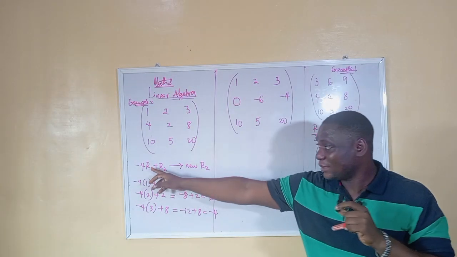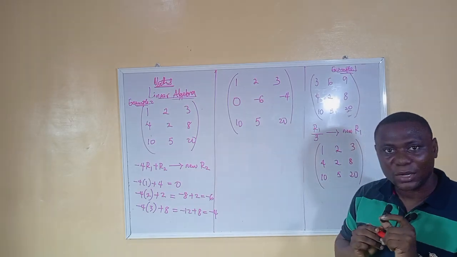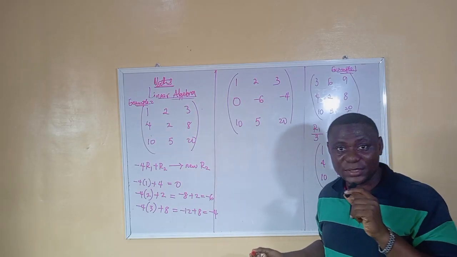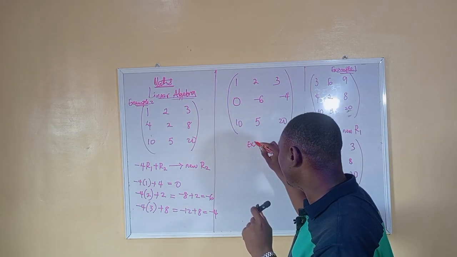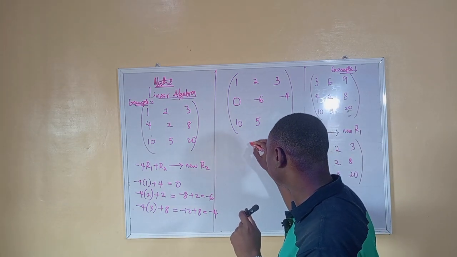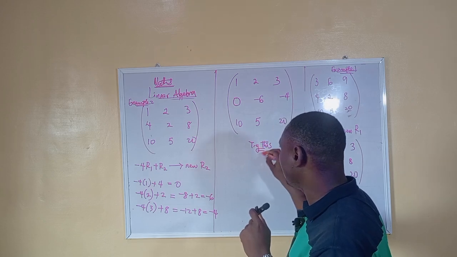That's everything here. So you have just seen how we did this, right? So I'll give you this one just to attempt. This is an exercise. Let me just say, try this now.